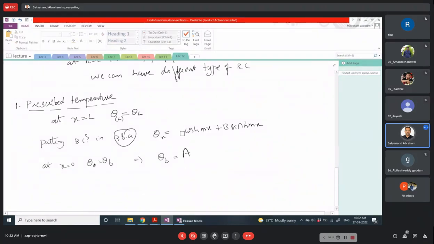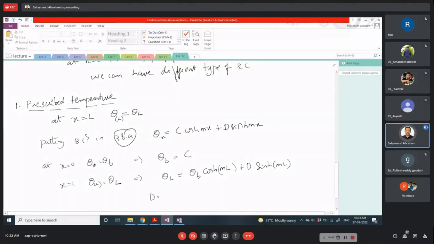So therefore, we can write theta b is equal to... oh no, here it is actually C and D, right? It is C and D. So theta b is equal to C. So we got the first constant, which is C. Now we are putting the second boundary condition at x is equal to L, theta at L is equal to theta L. If you put that, you get theta L is equal to theta B cosh mL plus D sinh mL.